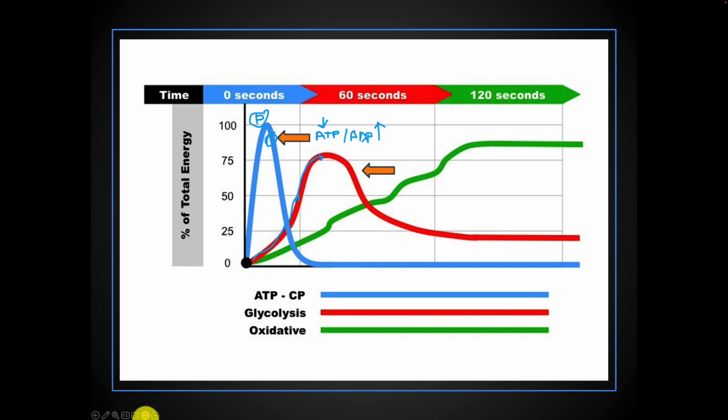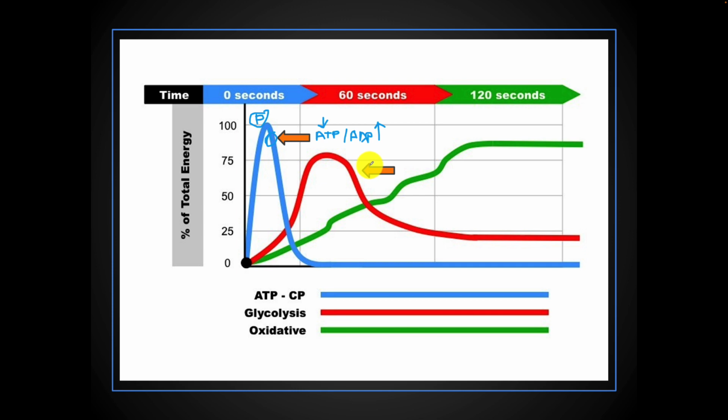That is the signal that tells glycolysis and sugar that it needs to be mobilized to help regenerate ATP. So as we get into 60 to 90 seconds of exercise, you can see that glycolysis is doing most of the work. If we do continuous exercise from 0 to 60 seconds or 0 to 90 seconds, we are primarily using ATP-PC, and we are using glycolysis.